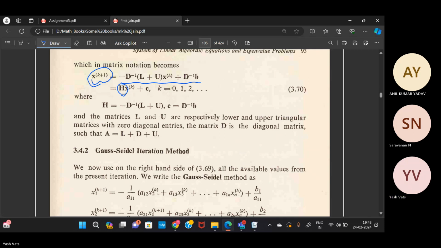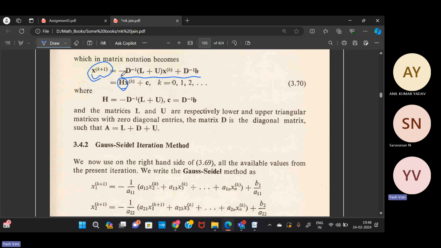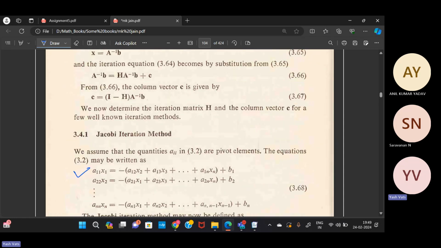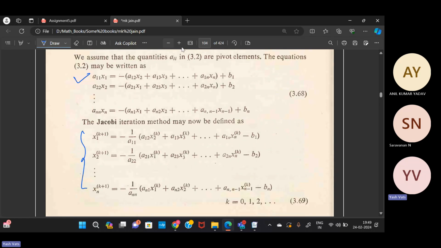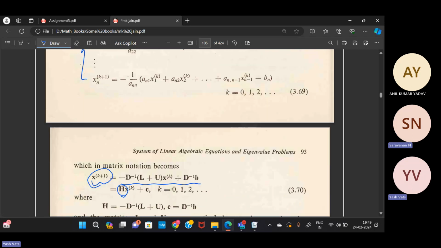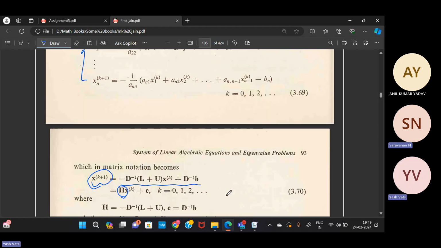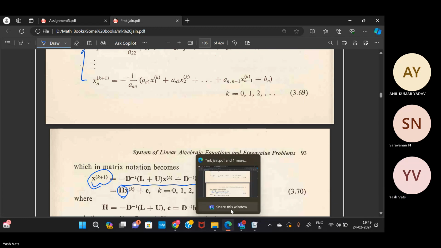And if A is a diagonally dominant matrix, then in that case also the method converges. Do you know all these from the lectures? Convergence? Yes. Okay, those are the necessary and sufficient conditions. So we can do some examples.